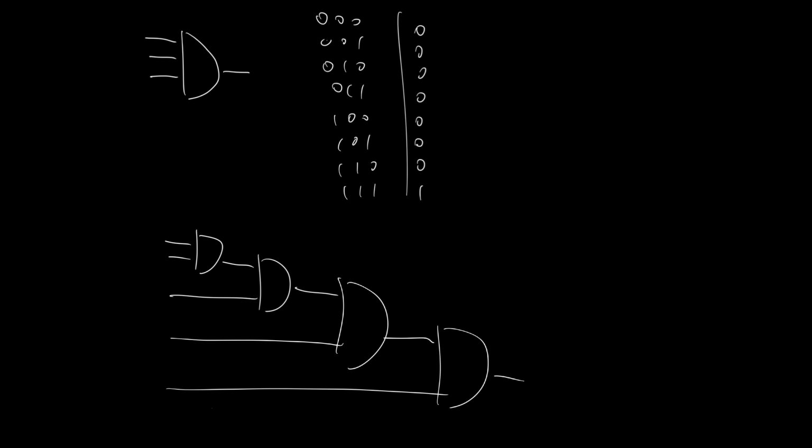Now, again, this is not saying that this is the most efficient way of doing it. As an aside, I can also implement a 4-input AND gate in this fashion here. So there's not a unique solution, but at this point in the course, we're not worried about being optimal or anything like that. We're simply asking, can it be done? And the answer is yes.